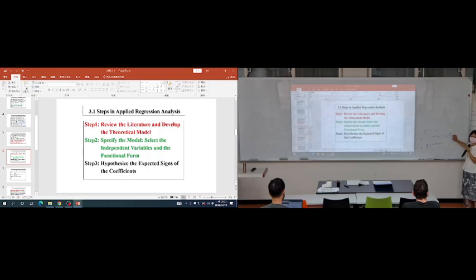According to the math we learn maybe in high school, what kind of chart or line is this? It's not exponential. If you have the square term in math, this is what we call a parabola. Do you know what a parabola is?